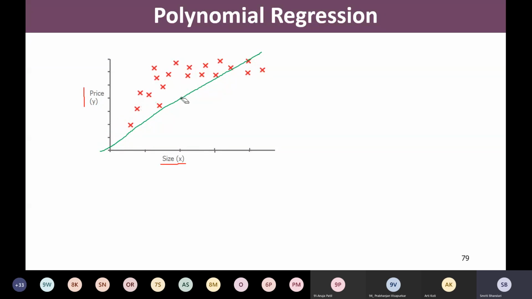Because if I look at my data, the data that is spread in this space is something different. The pattern is something different. So I need to think of some other kind of hypothesis.